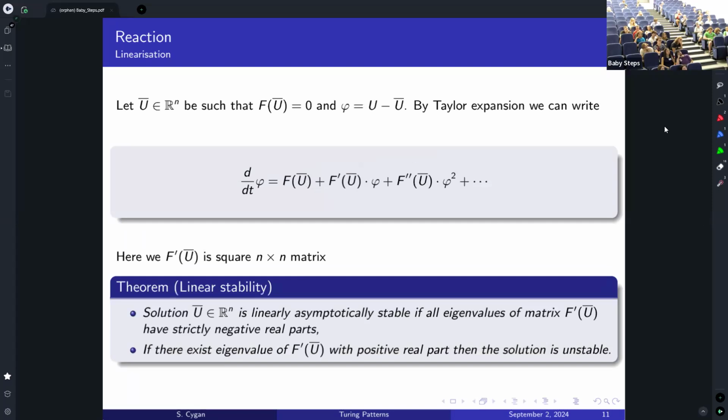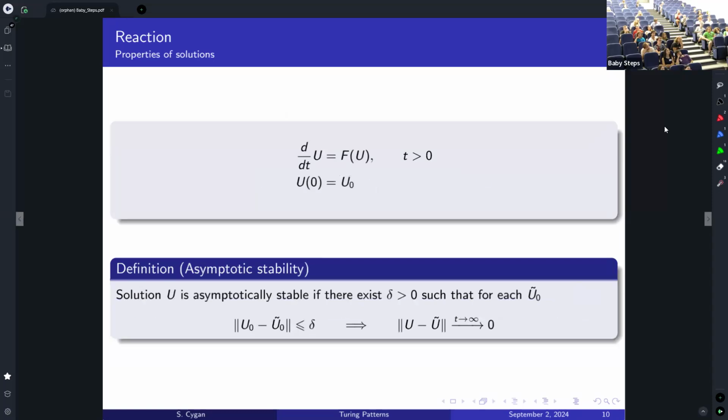And now we will have the following concept. We take a constant solution, and during the talk, we will analyze the stability of the constant solution. So what is a constant solution? Notice that if we take the vector u-bar, which is an n-dimensional vector, such that the function f at this vector is equal to 0, then this constant vector u-bar is automatically a solution to our equation.